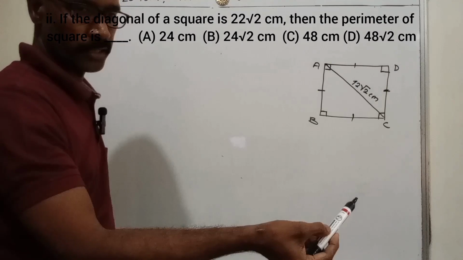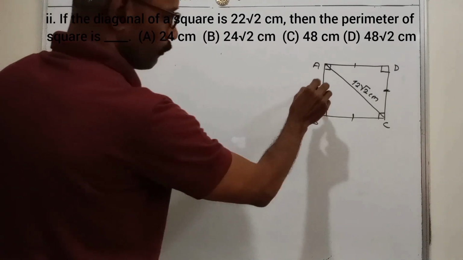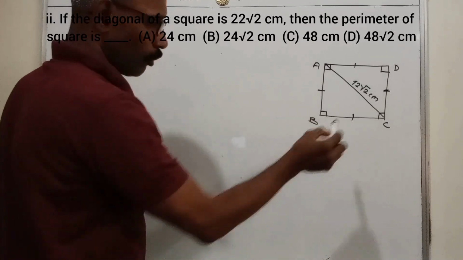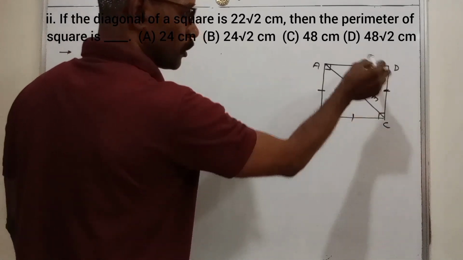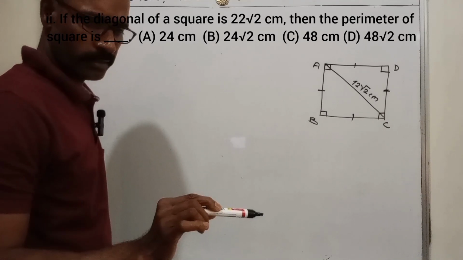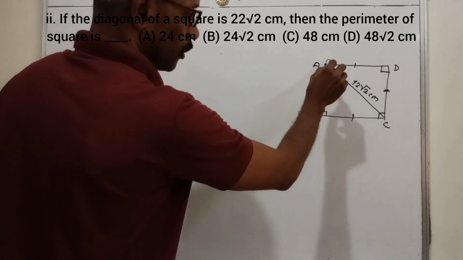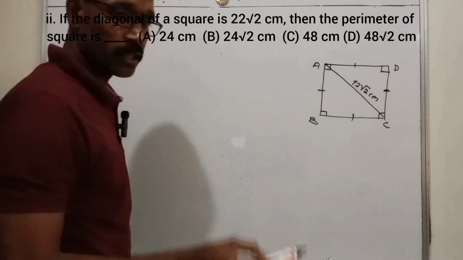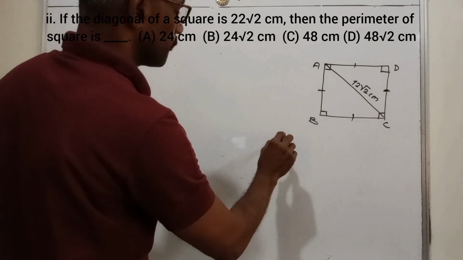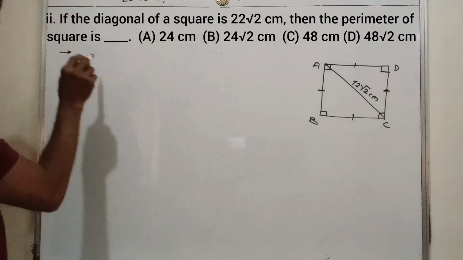What is the perimeter? See here, therefore we want to find AB or BC or CD or AD. Okay, did you get it? Now all sides are congruent.